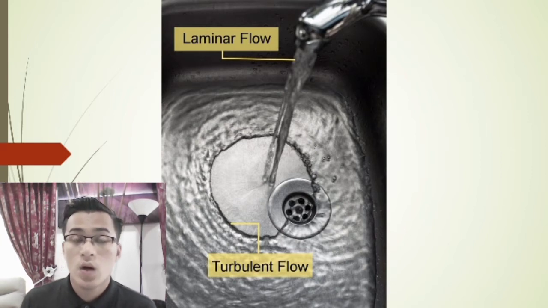And you need to know that for laminar flow, the Reynolds number must be less than 2000, and for turbulent flow it must be more than 4000.